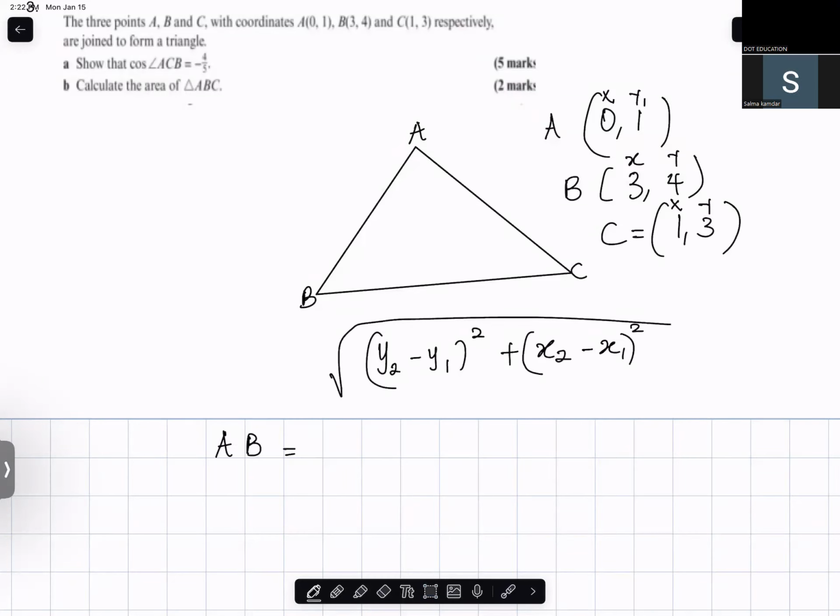So using my distance formula for line AB, I have 3 minus 0 squared, because that is x minus x, and 4 minus 1 squared, in your roots.